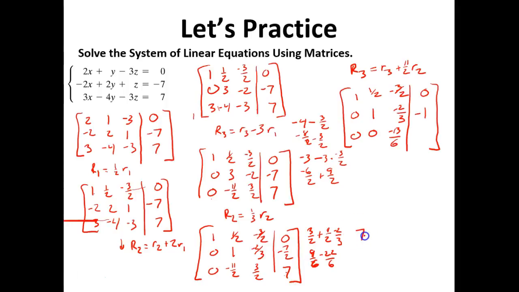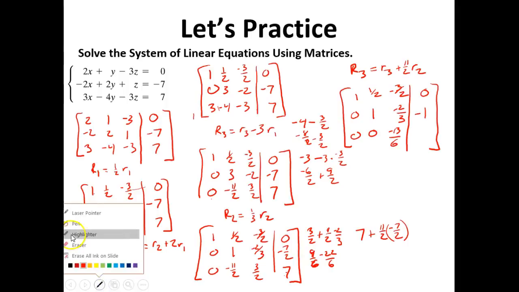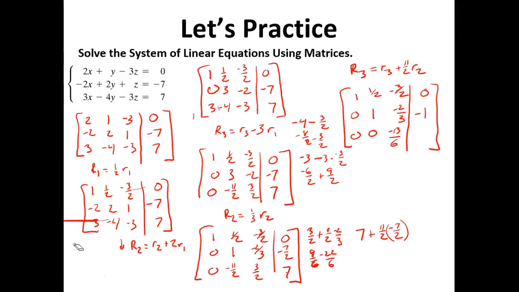So it's the 7 plus 11 halves of this, times -7 over 2, which I can see I need a bottom of 4. And of course I'm still messing up. Getting a little bit too tired apparently. So here, I screwed that up.